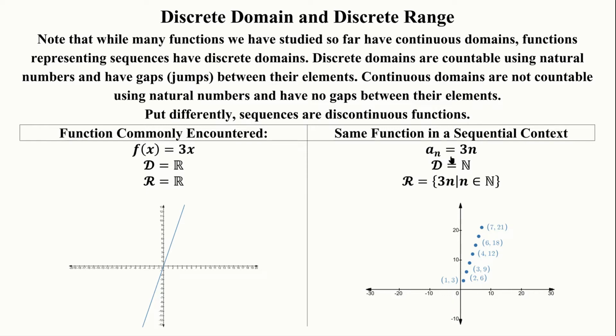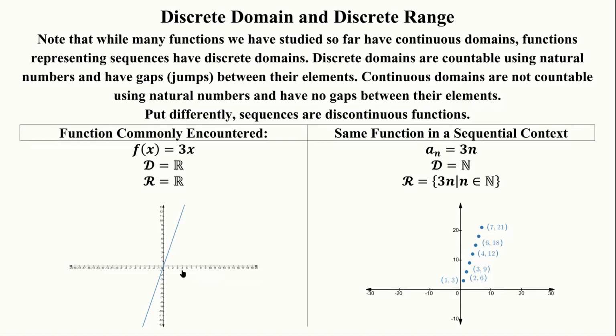Now, when you write it as a sequence, notice that the domain is the set of natural numbers, so the inputs would start at 1, but you wouldn't have any fractional or decimal numbers, only positive whole numbers as the inputs. So here the range would be 3n, such that n belongs to N, right?